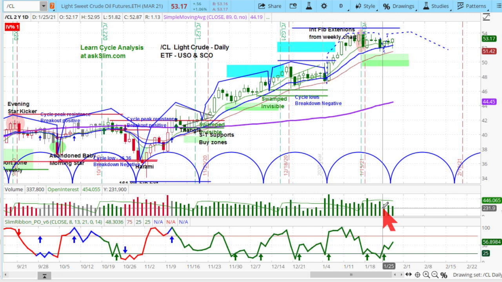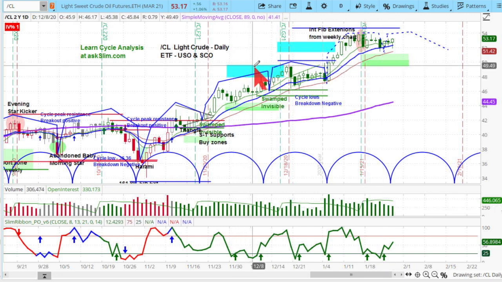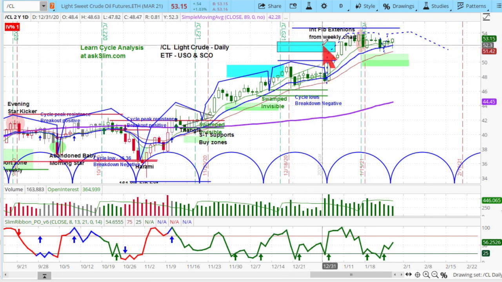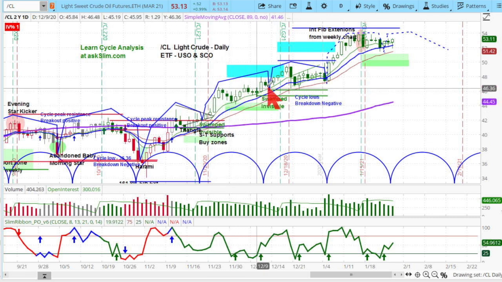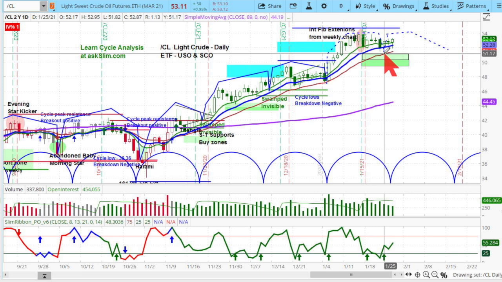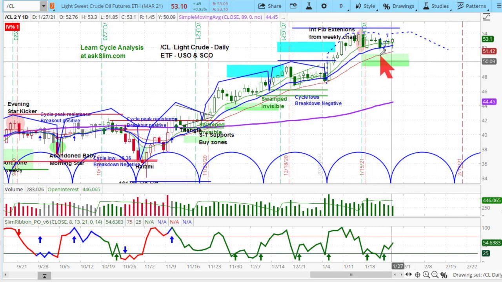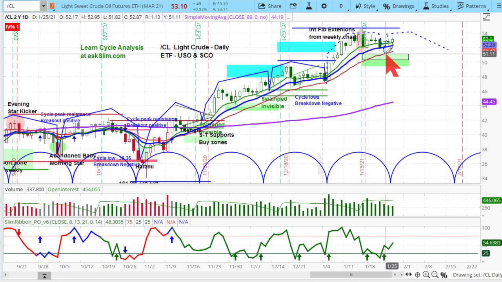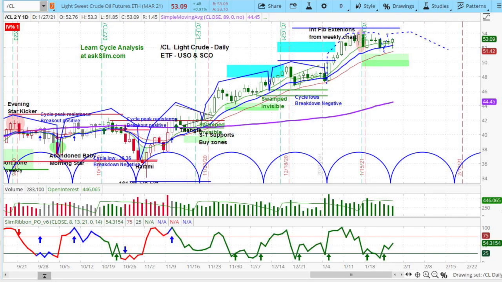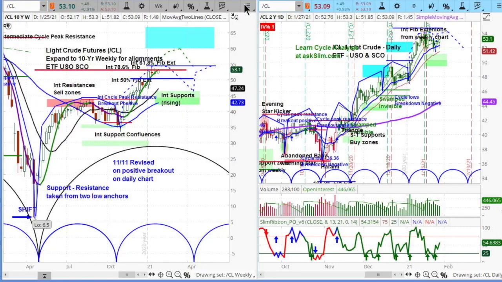And you can see that's exactly what's happened. These blue areas, or aqua, right over there, are fib extensions, which are essentially targets. And you can see it's been following that and getting up there. So all of that strength, the next support right over here, right at the bottoming period for the cycle, as you can see, it tickles the bottom of the slim ribbon and then begins to move up again. So this continues to be a powerful pattern.